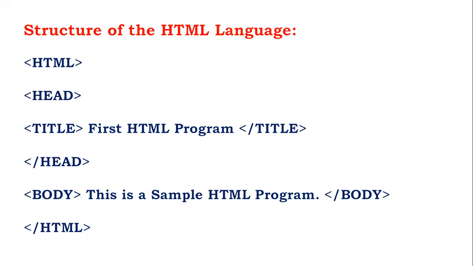And if you want to change the background color of the web page, change the text color, or put headings, all the changes we are going to do in between the body tag itself. So this is the basic information about the HTML language.